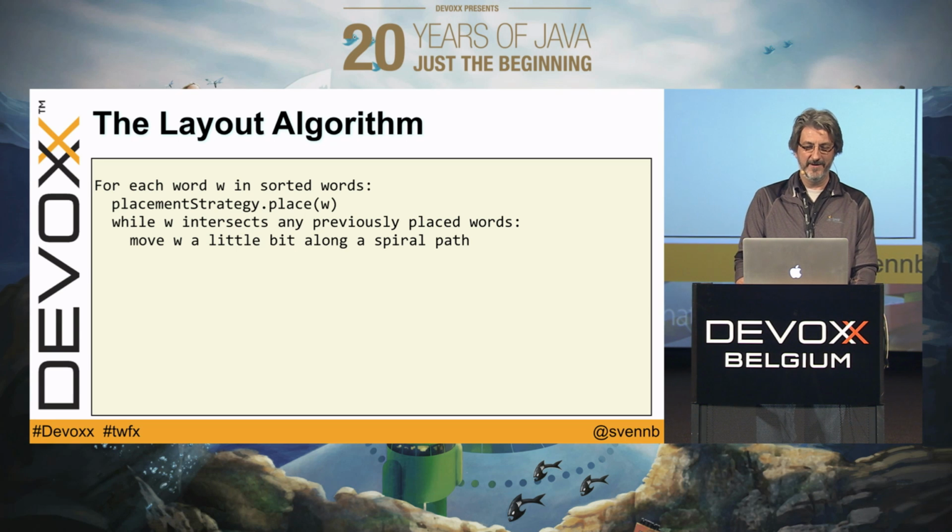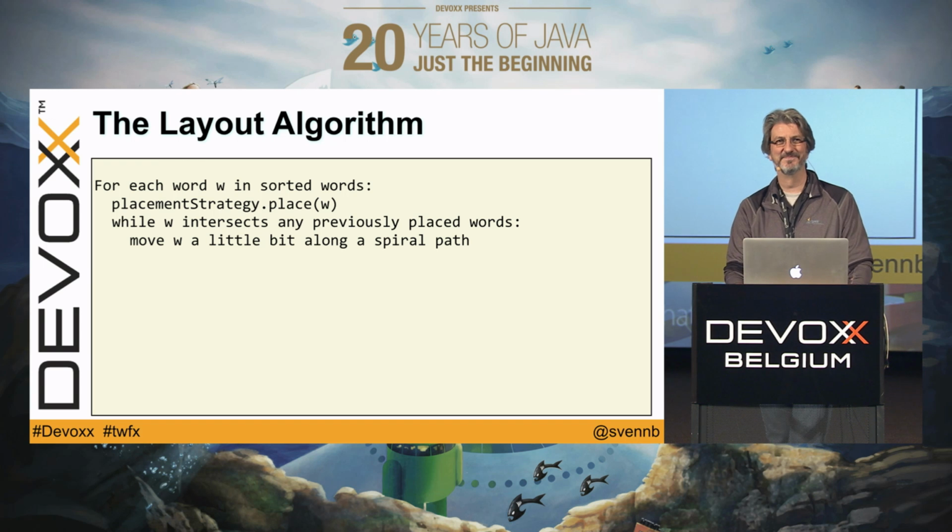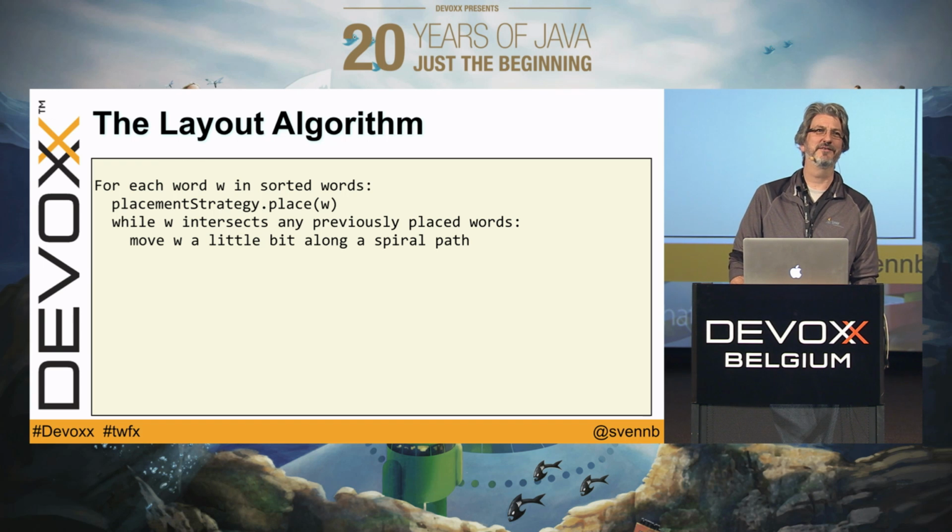For each word you get, you try a placement strategy, whatever that may be. And if the newly placed word intersects with a word you already laid out on the area, you just move it a little bit along a spiral path. That's not so much to go with. But well, that's the magic. Everything else you have to figure out on your own. So he does more.